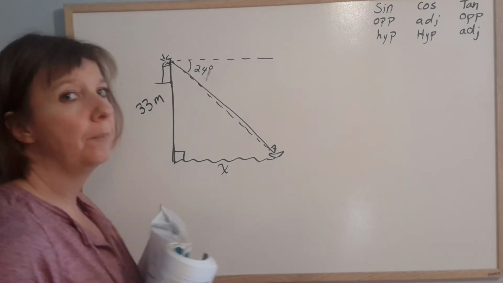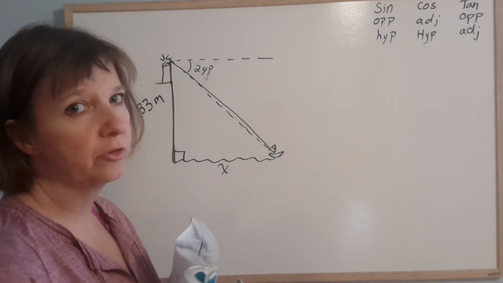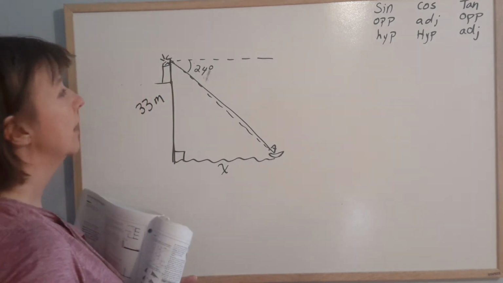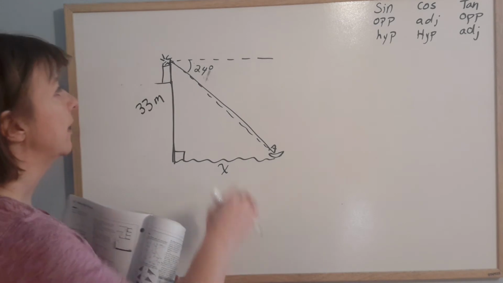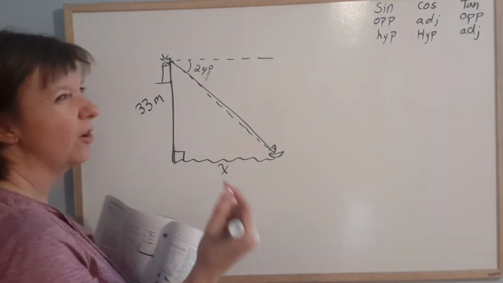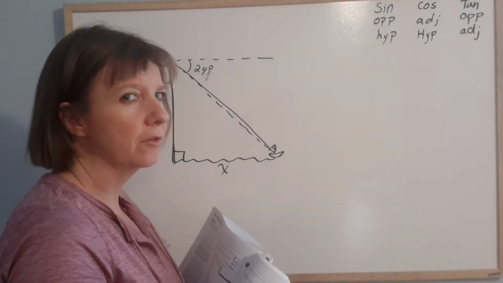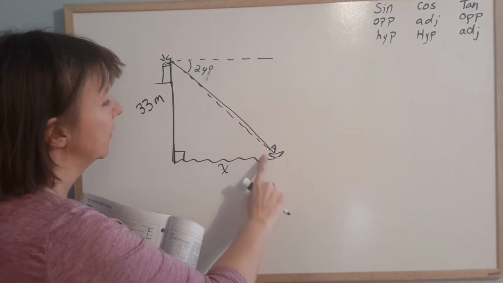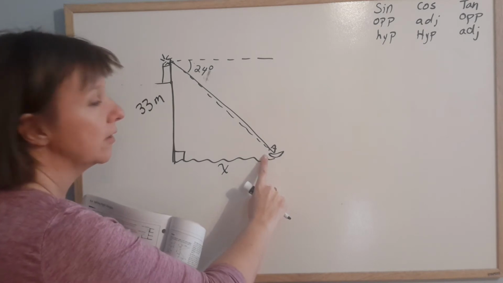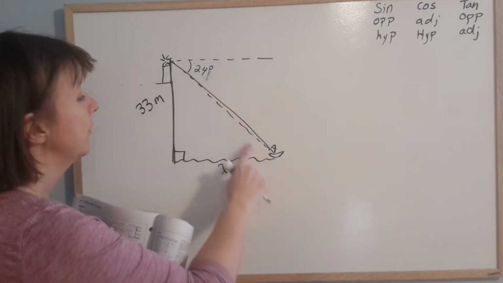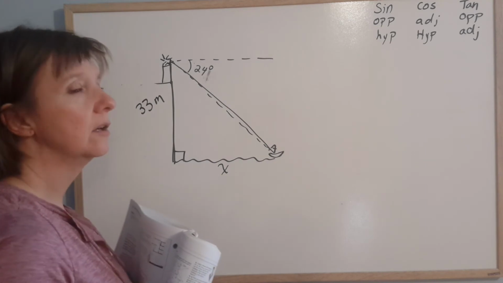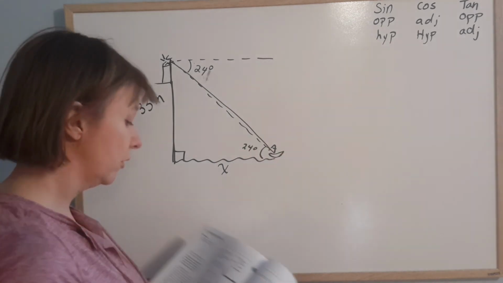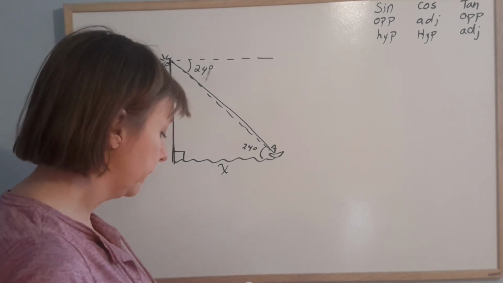Now, we talked a little bit about geometry theorems at the beginning of this chapter. There's a geometry theorem, a shortcut for it is called the Z rule. If you've got an angle on this side and another angle down here in this corner, opposite angles are equal. So this would be 24 degrees as well.